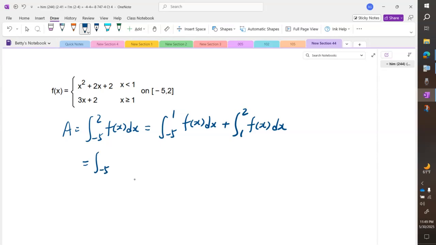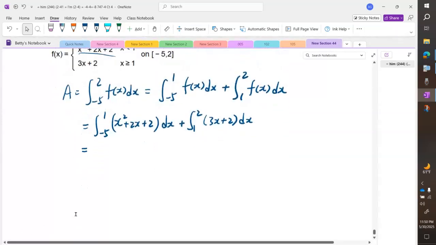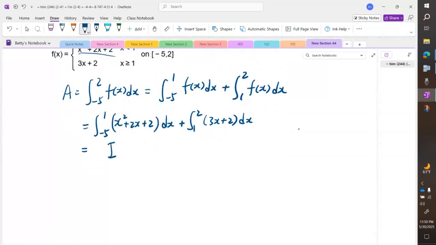Okay, from -5 to 1, function f is the first piece, x squared plus 2x plus 2 dx. From 1 to 2, f of x is 3x plus 2. All right, we do one at a time. Let me use I1 for this one, I2 for the second integral.